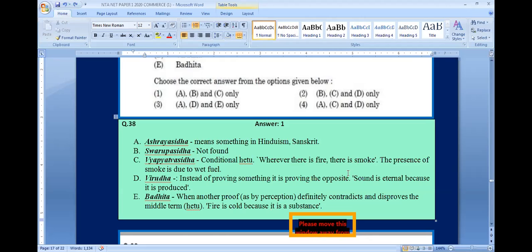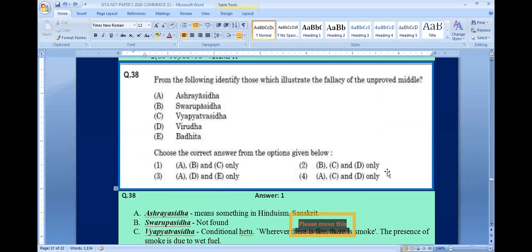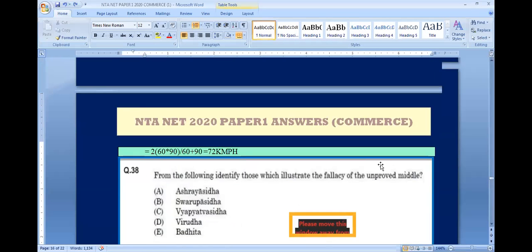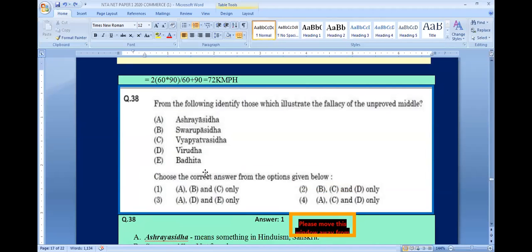You use your gas stove at home, right? You get a fire from the gas stove. Will you get smoke? No, you will not. That's the purpose of a gas stove, avoiding smoke. So 'where there is fire, there is smoke' is unproved. It's a misunderstanding. So C is also right.